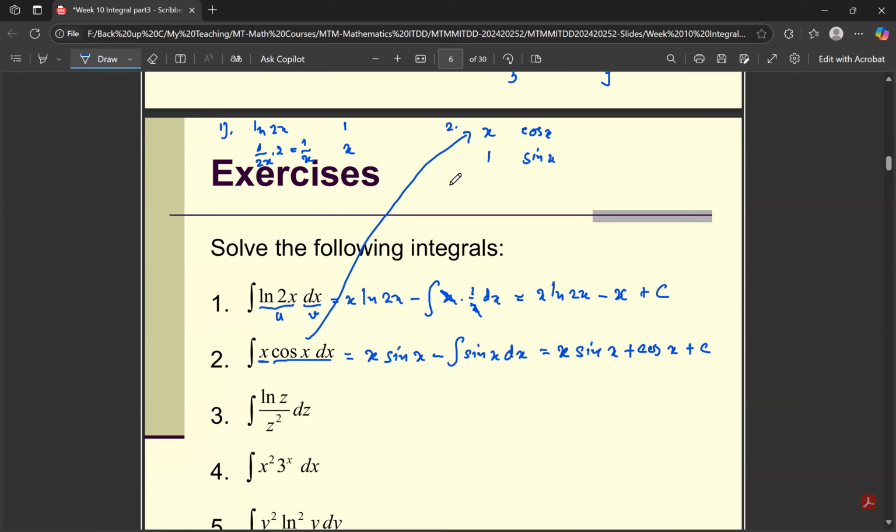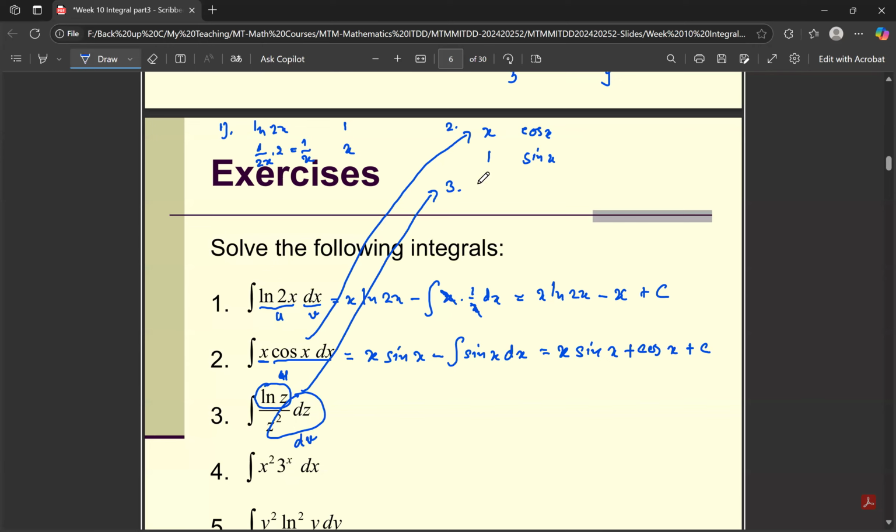Okay, number three. Here we also have a log. This is the u, and the rest will be dv.